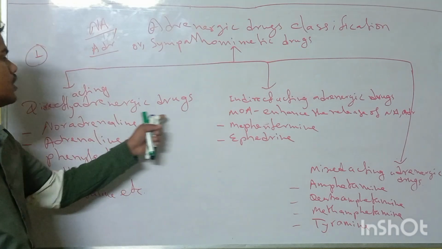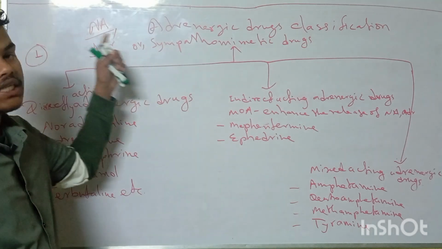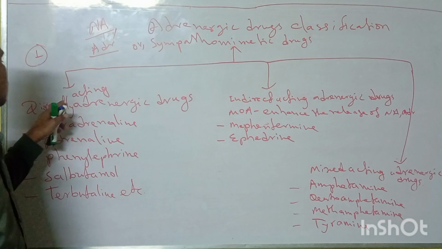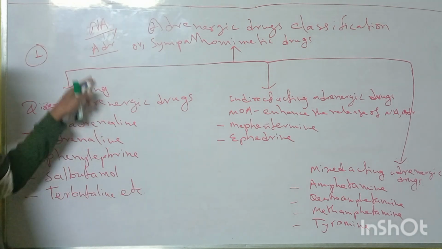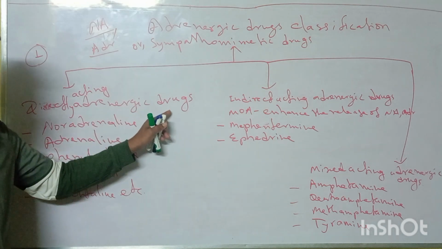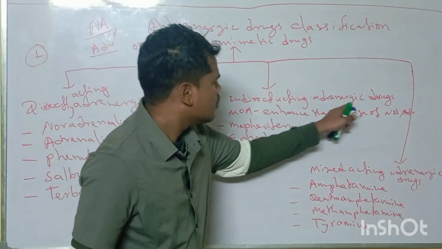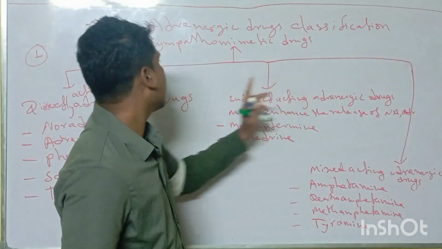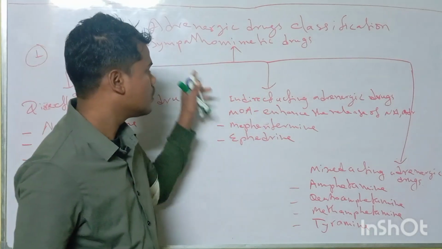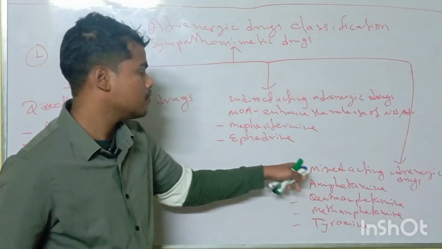So this is our classification of adrenergic drugs on the basis of mechanism of action. Directly acting drugs act directly on the adrenergic receptors and mimic the sympathetic functions. Indirectly acting drugs do not have any direct action on the adrenergic receptors, but enhance the release of noradrenaline and adrenaline and then mimic the sympathetic functions.